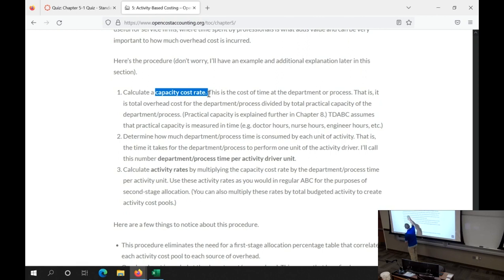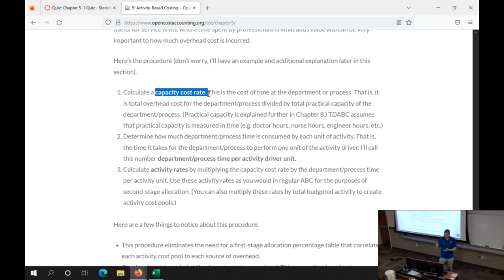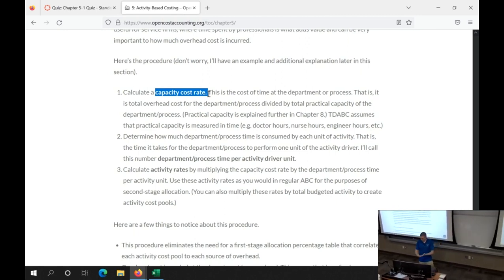And then instead of figuring out some percentage weight table to get activity rates, we're going to just say, how much of the expert time is consumed by each activity.